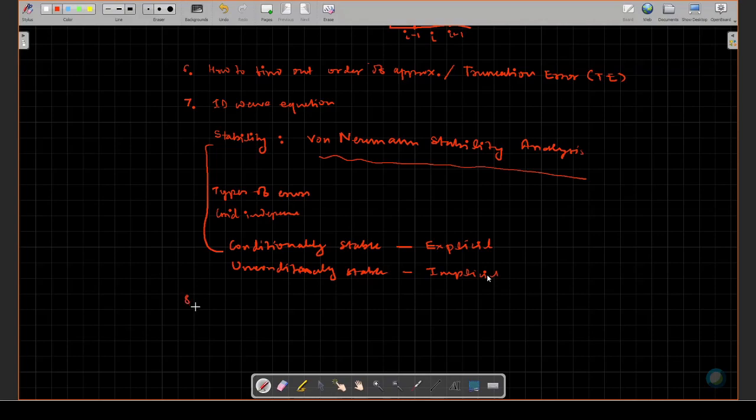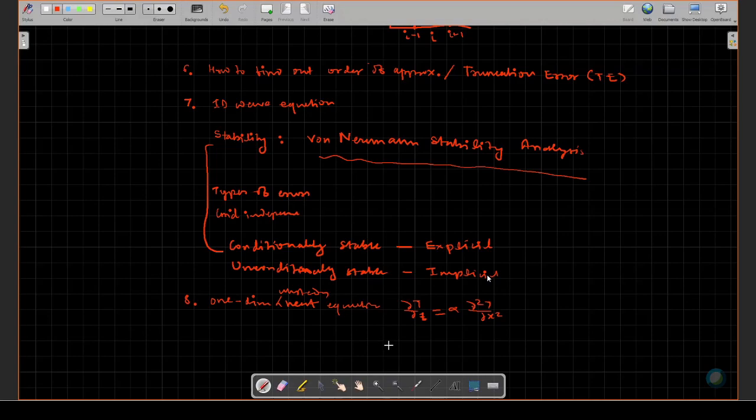In that case, we have taken the one dimensional unsteady heat equation with appropriate boundary conditions, which can be any.